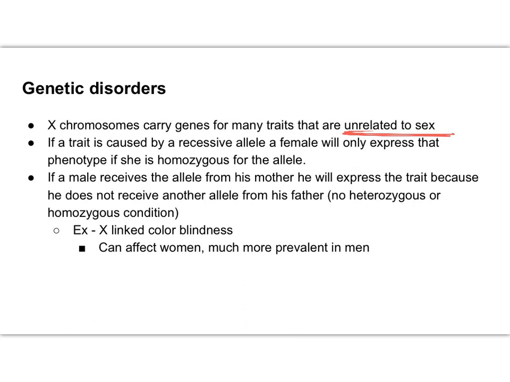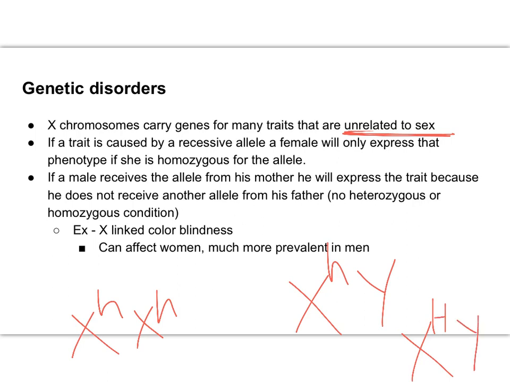So if the trait is carried on the X chromosome and it's a recessive trait, females have to get both copies of that trait to get the disorder. Right? But males, because they only have one X chromosome, if they get one copy of the recessive allele, then they express the disorder. Their option is either to express it or to not. There's no carrier situation in the males.